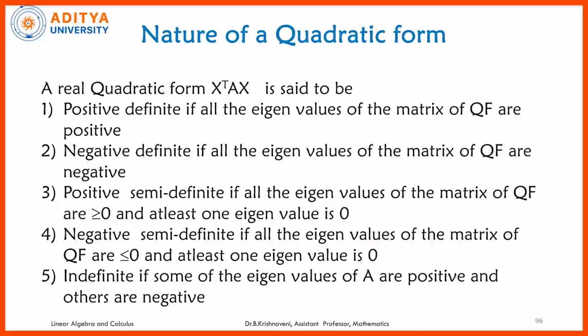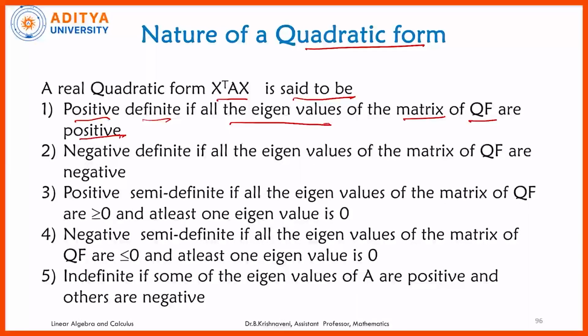So now how do we decide what is meant by the nature of the quadratic form? The nature, whether it is positive or negative or something else, how do we get it? A real quadratic form x transpose Ax is said to be positive definite if all the eigenvalues of the matrix of the quadratic form are positive.